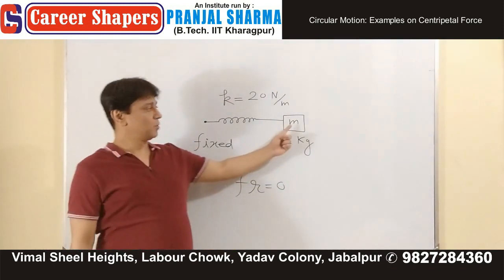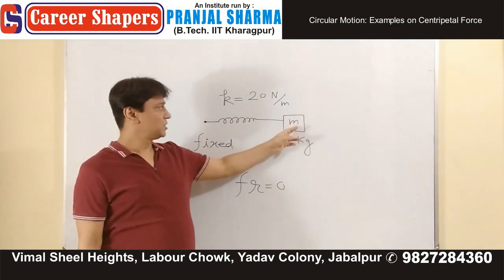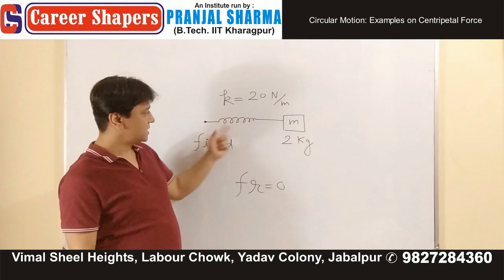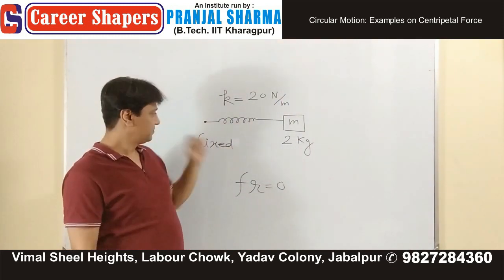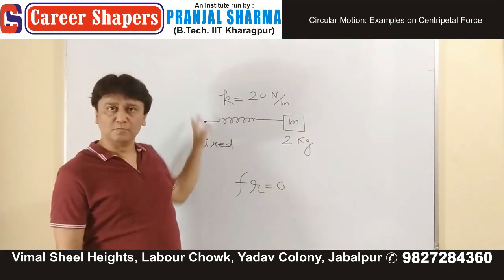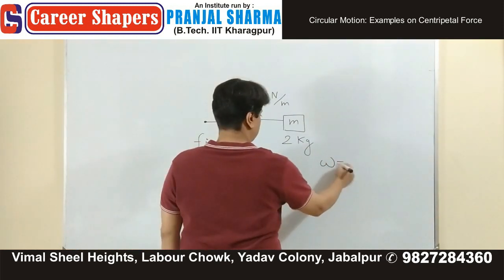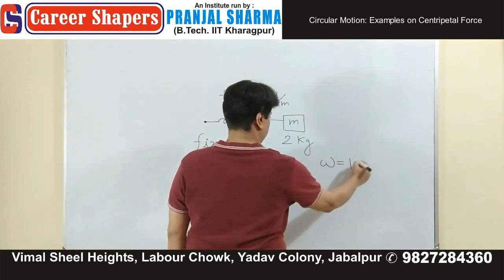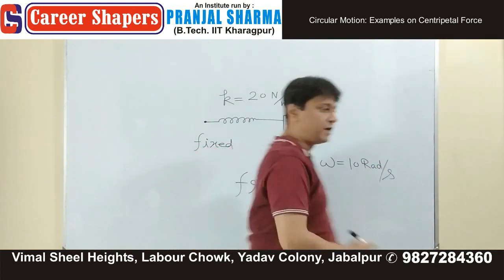You have connected a block of 2 kg, and this 2 kg block is connected to the spring of force constant 20 newtons per meter. This end is fixed. This end is going to move in a circle and angular velocity is given as 10 radians per second.